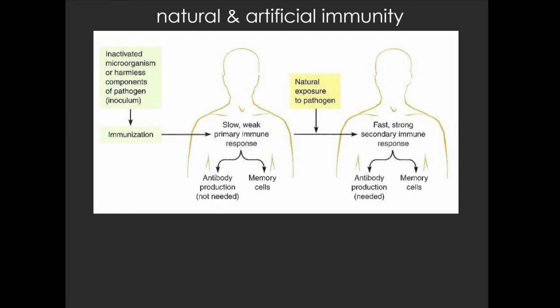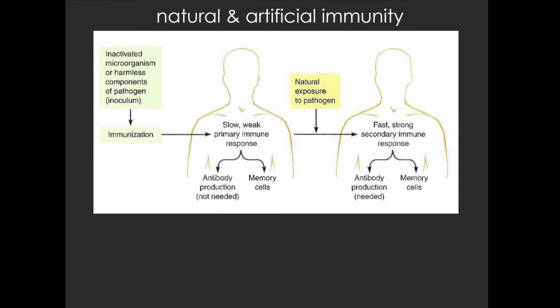And when you immunize someone, when you inject them with this harmless component, what you're doing is activating the immune system, which is not necessary in terms of primary response because you don't need antibody to something that isn't going to hurt you anyway, but you're also activating memory, and you're very importantly activating memory without causing disease.